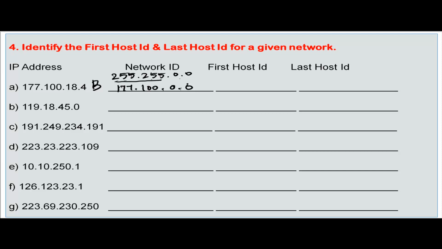Then the next one is the first host ID. So what does the first host ID mean? Generally we have to make the last bit 1. The last bit we have to make 1 in the host part.